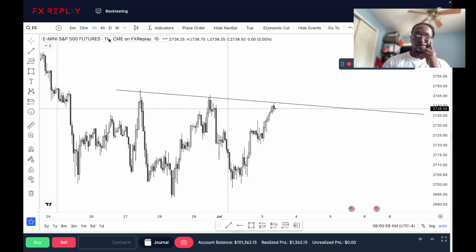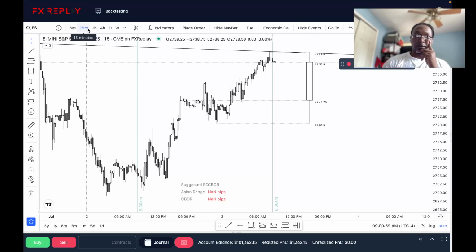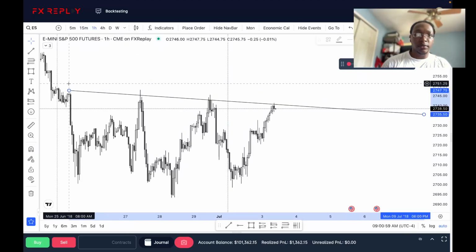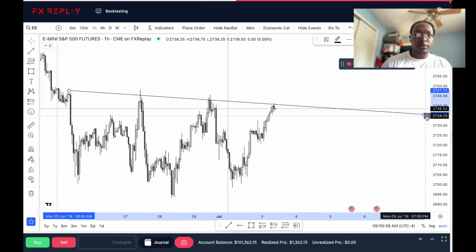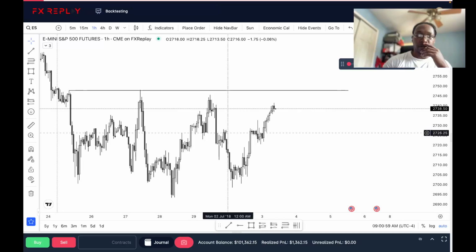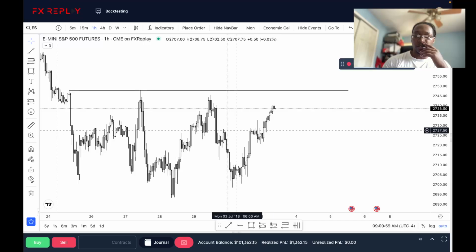Well, there's relative equal highs here. So we ran below these lows here, showed speed and displacement higher, came back down, respected the mean threshold here, pushed higher, got above this old area of selling, which resulted in a new area of buying.